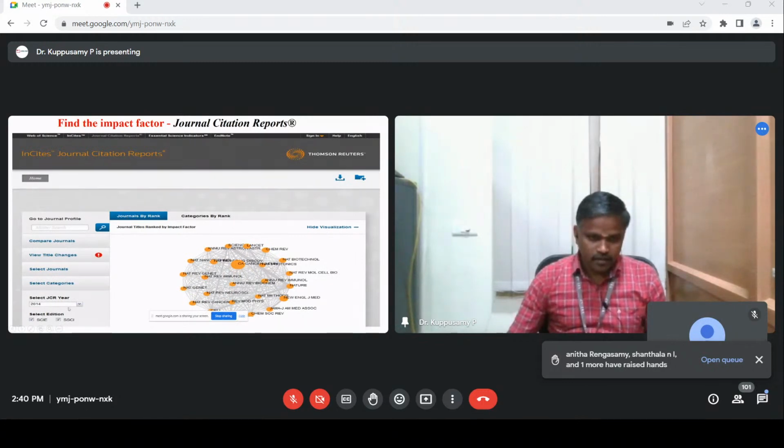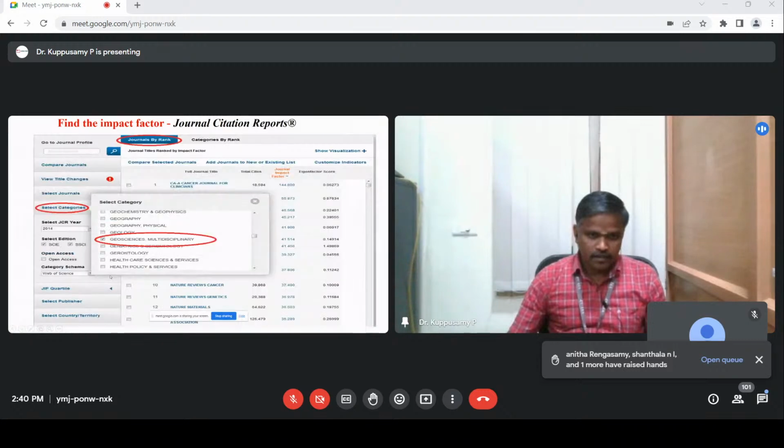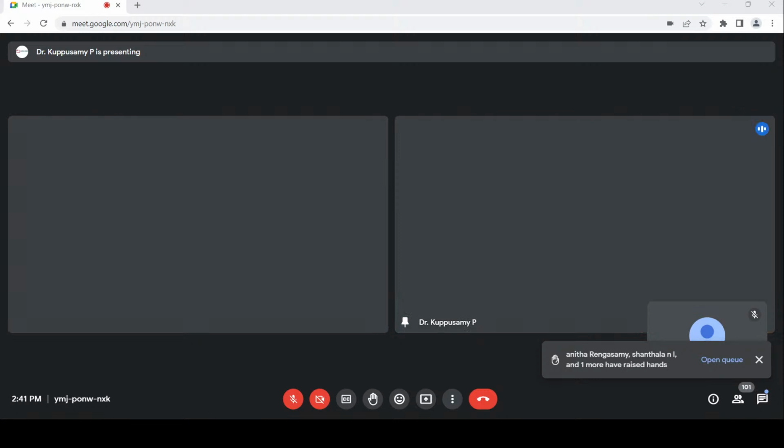Based upon the index, you can also select the journal titles. Here, look at that, select the categories. As per this image, geosciences and multidisciplinary journals are selected, and then it will give you the journals.